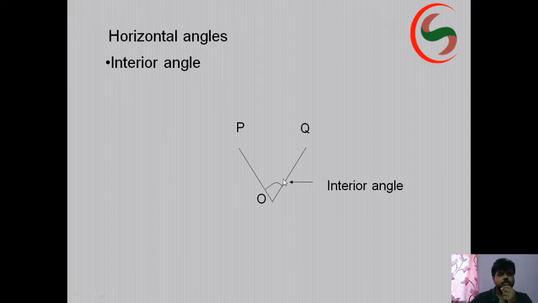The angle between two lines in a horizontal plane whose value is less than 180 degrees is called an interior angle.